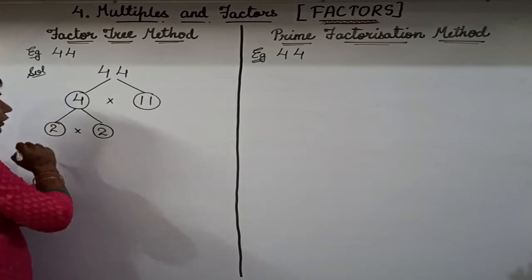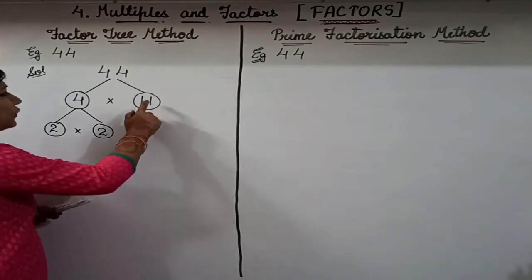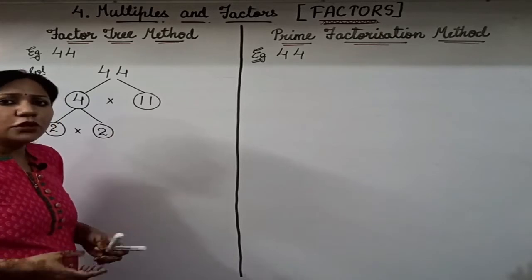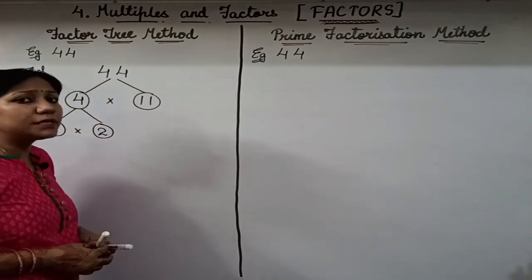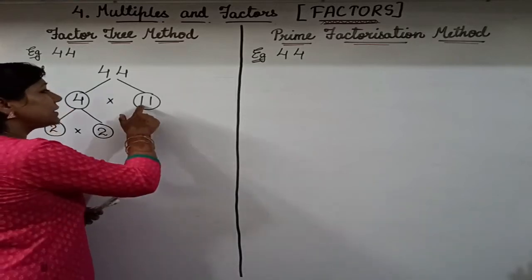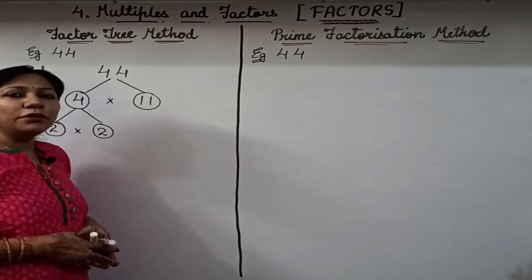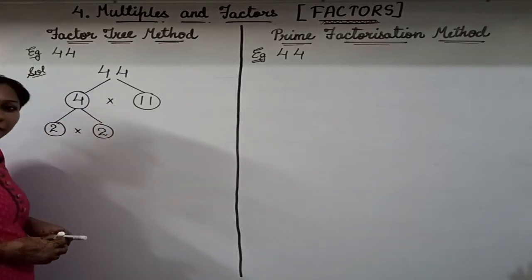Correct? Can we write 11 also in a shorter form? That means, can we split 11 into smaller numbers? No. Why? Because 11 is a prime number, so it cannot be split into any two numbers. So that's all for the method here.